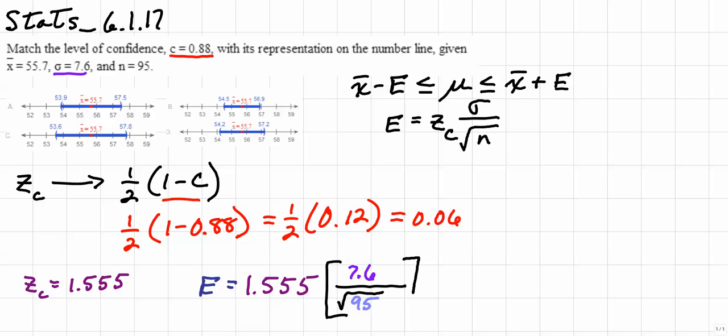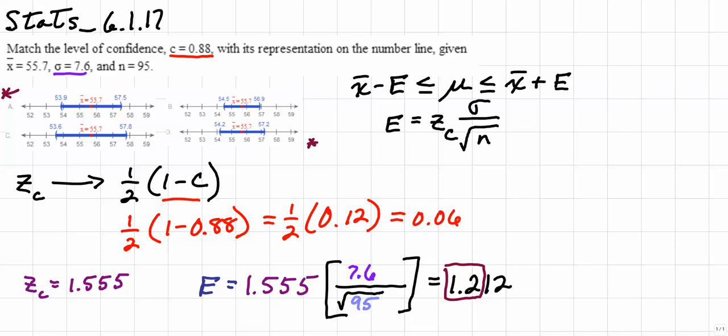And when we calculate that out, we will get 1.212. But we're really only concerned with this initial part of it, the 1.2, since if you look at our answers up here, they are carried out to a single decimal place.